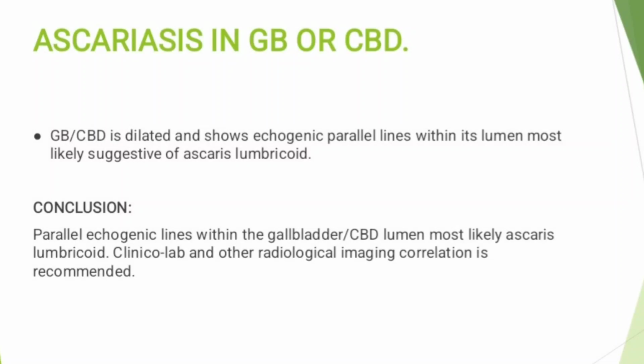Clinical lab and other radiological imaging correlation is recommended, because whenever there is ascariasis, you can find multiple different sorts of cells, especially eosinophils, on the blood count. You can also advise a stool routine examination, in which you can find the ova of ascariasis as well, or even sometimes you can see the Ascaris itself in the stool.